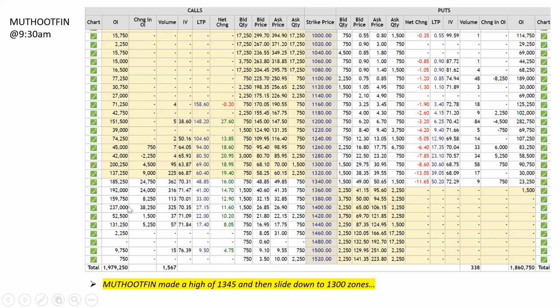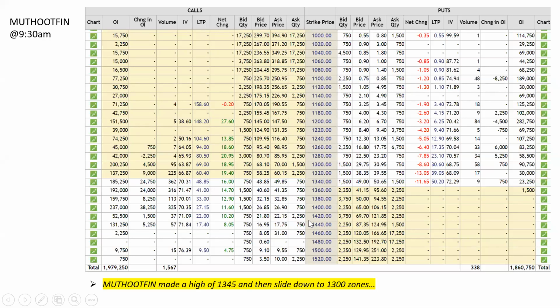The second highest OI is roughly around 1340 to 1360. That means these will also act as immediate resistance. So we have resistance built up here. But here, if you see, support goes straight down to 1200, which means that if Muthoot doesn't hold these levels, we can see a trend reversal.